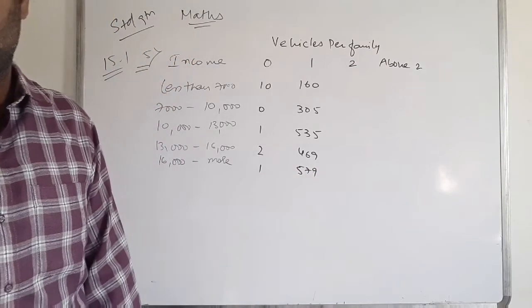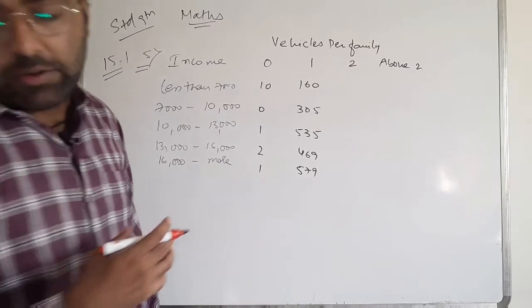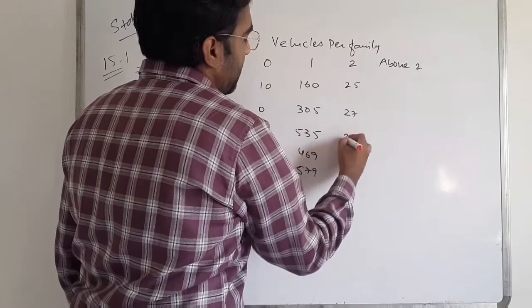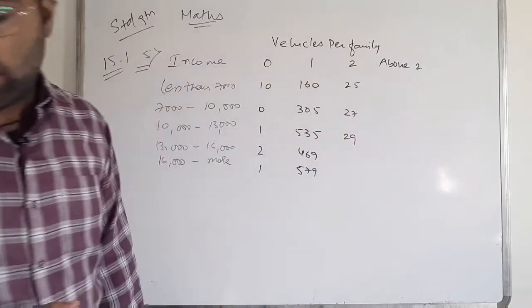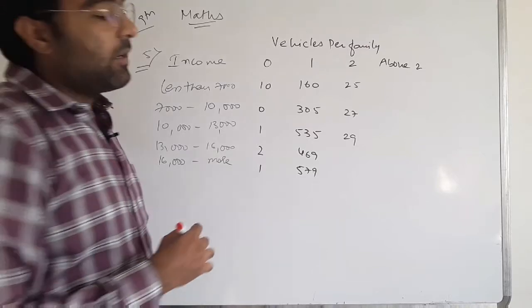For 2 vehicles, it is 25, 27, 29, 59, 82.